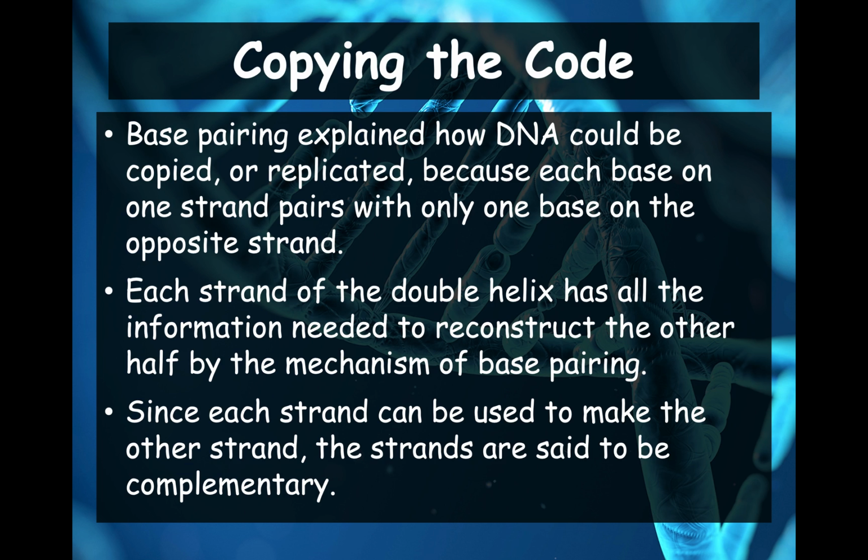If we have one side that's ATA in that order, then the other side has to be TAT, right? So if we have either of the sides, we can come up with what the other side is because there's only one other possible combination for each of the bases. And that's going to come into play when we talk about replication.